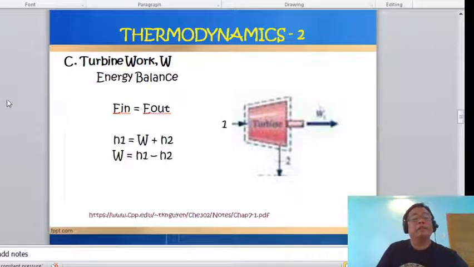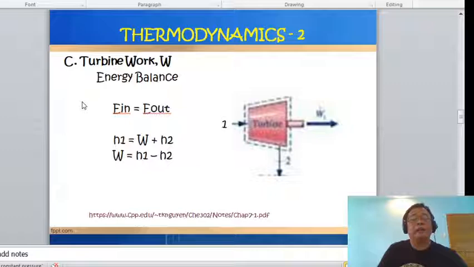So, what is entering is the enthalpy at 1. So, where will you find, class, the enthalpy at 1? Of course, the enthalpy at 1 is obtained from the tables.